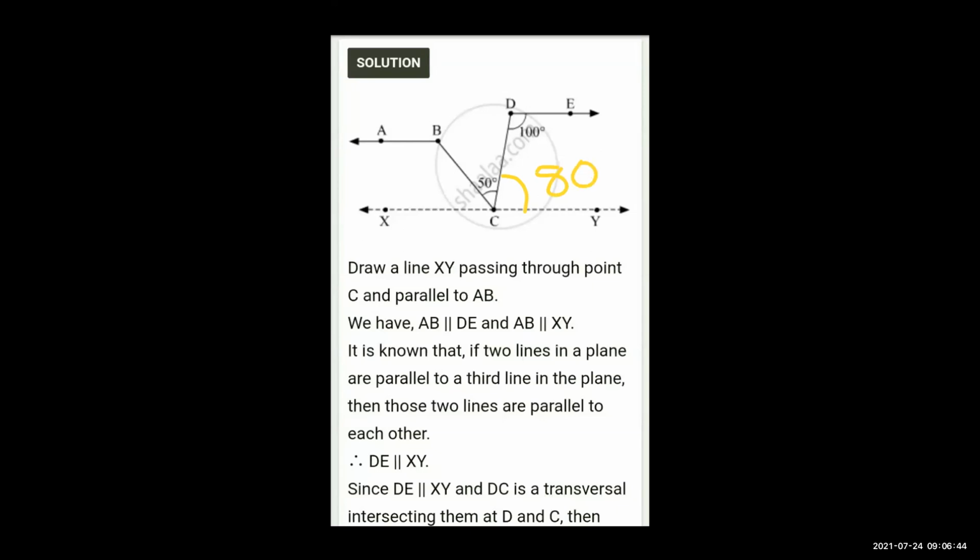Now these all three angles, this angle plus this angle and plus this angle, are linear pair of angles. So they will also measure together 180 degrees because the linear pair of angles are supplementary to each other.